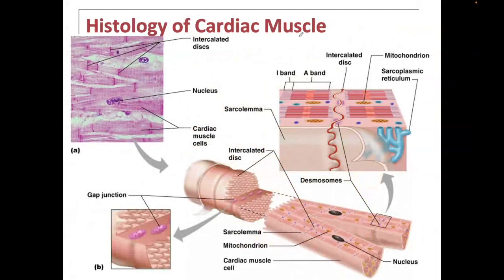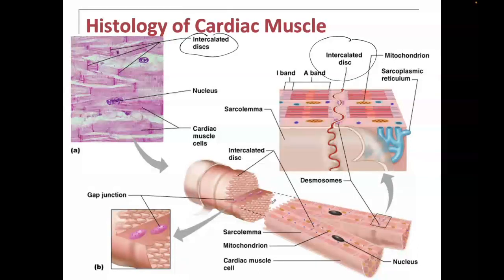So what I had said before was that the heart muscle itself, the myocardium, is highly branched, and what connects one cardiomyocyte to the other are these intercalated discs. If we pull those discs apart, we would see this.